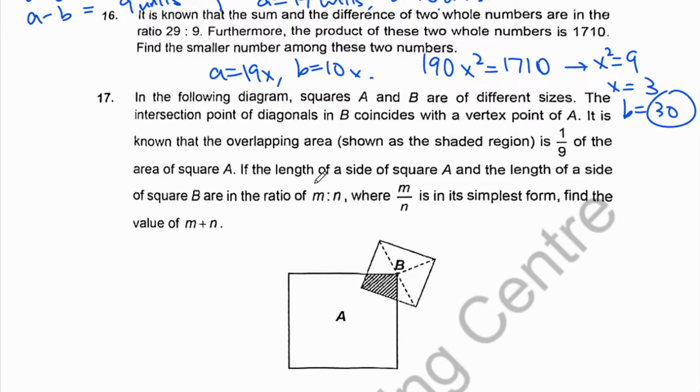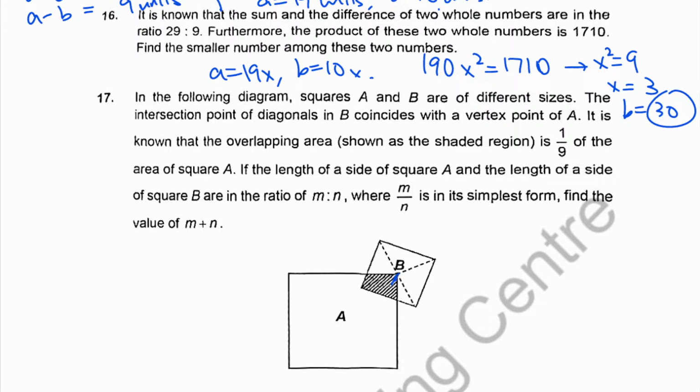Okay, question 17. In the following diagram, squares A and B are of different sizes. Okay, so we know that the shaded region is 1/9 the area of square A. And what fraction of it is square B?